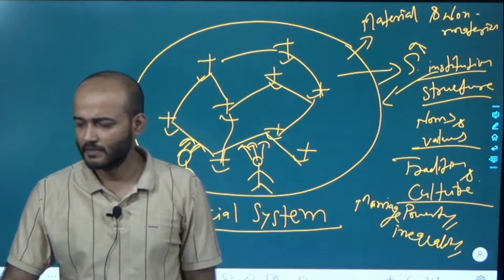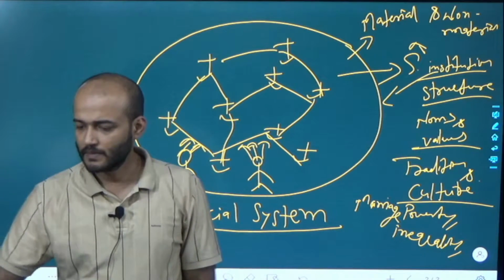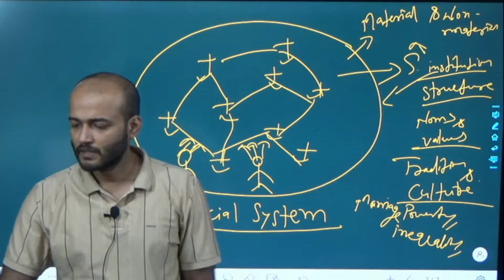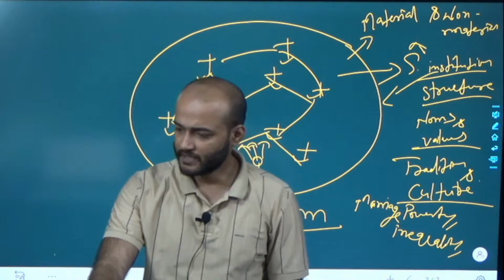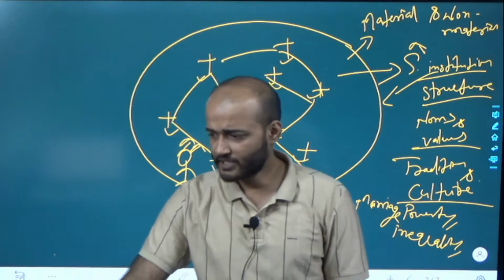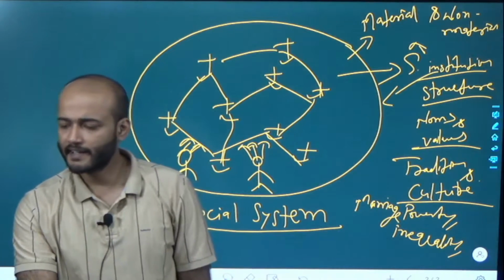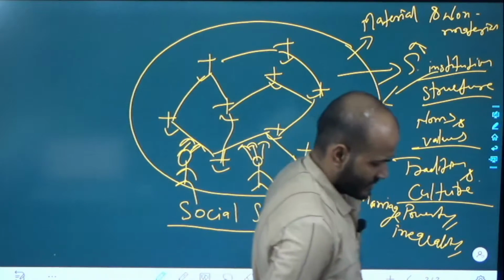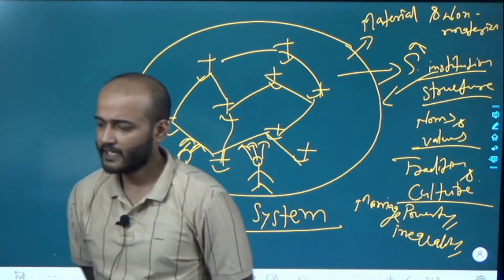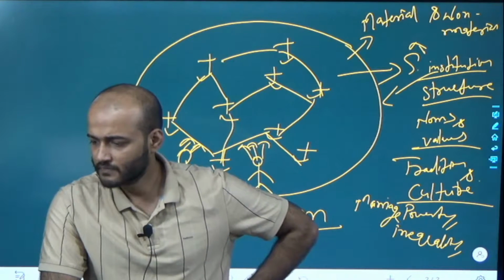Social system, according to Talcott Parsons: a system is any collection of interrelated parts, objects, things or organisms. Okay.